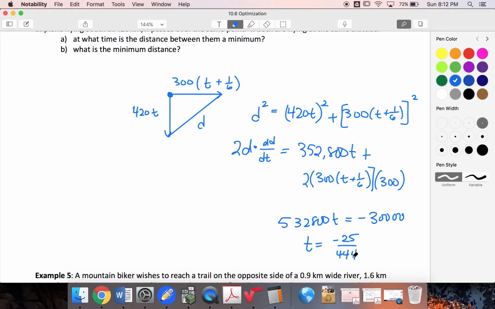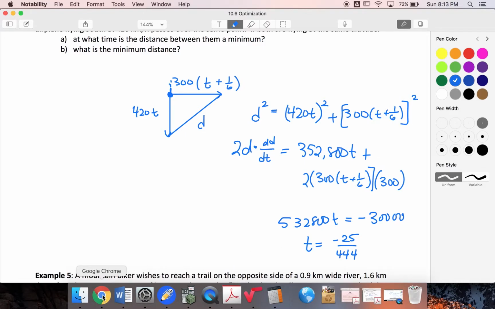So really what this implies is that the time at which the distance is the shortest between them is when my first southbound plane hasn't yet passed that spot in Bangkok. And I don't know whether this is going to be positive or not. I need to figure out whether that 1/6 minus this number is positive or negative.